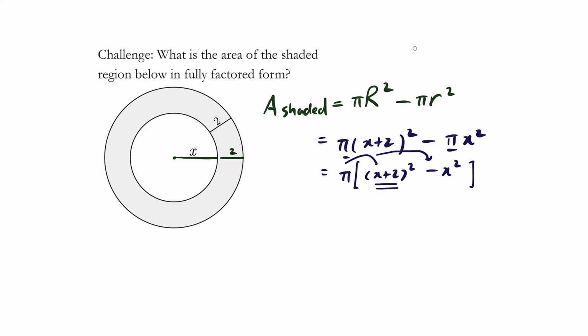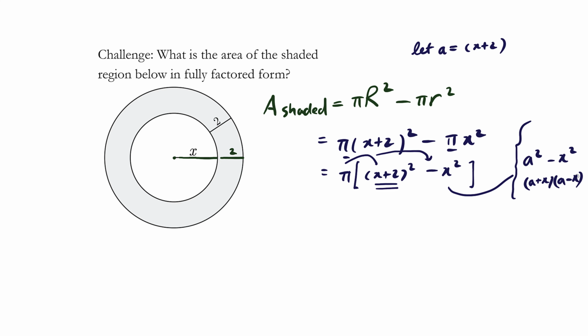And now notice how we have difference of squares. If we let a equal x plus 2, we now have this part here being a squared minus x squared. So we can actually factor this as difference of squares, which becomes a plus x, a minus x.